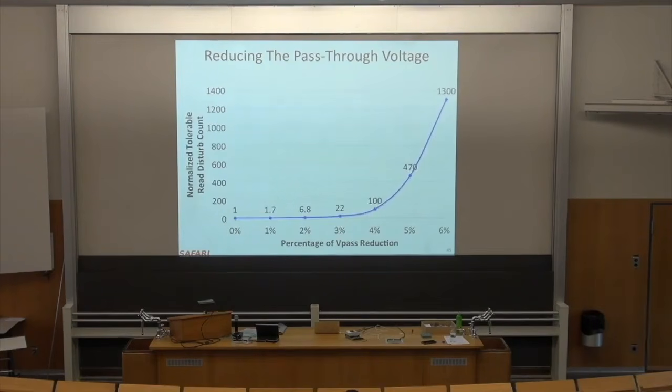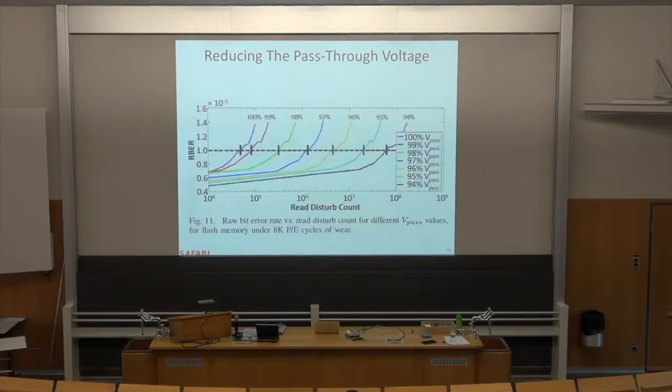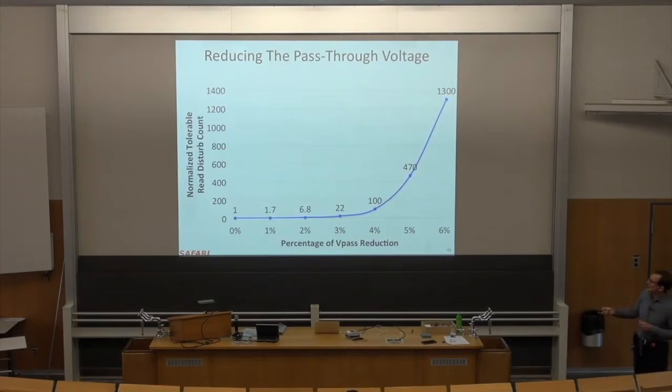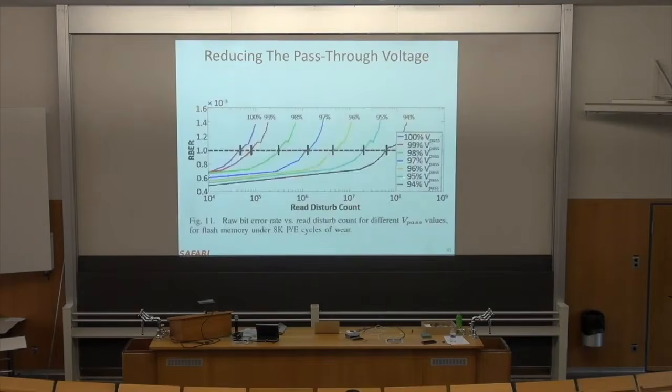So this is another way of looking at the curve that I just showed you. This is the percentage of reduction in the pass-through voltage, and this is the normalized tolerable read disturb count. So it goes to 1300x over here if you reduce it by 6%. Of course, if you keep reducing it, it's an exponential curve. It increases. But this is not a bad tolerable read disturb count. 10 to the 8 is you read from the same block, let's say, 10 to the 8 times.